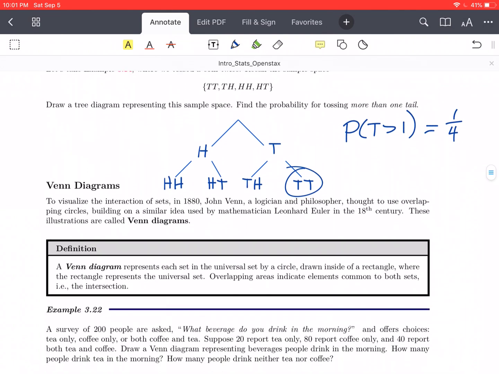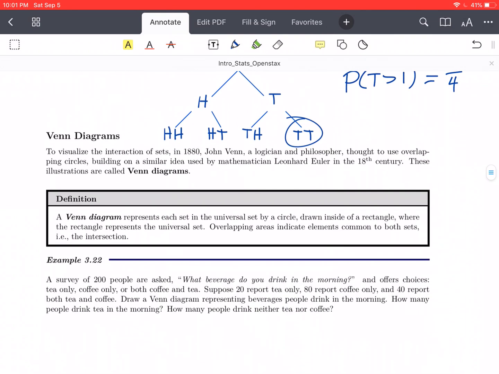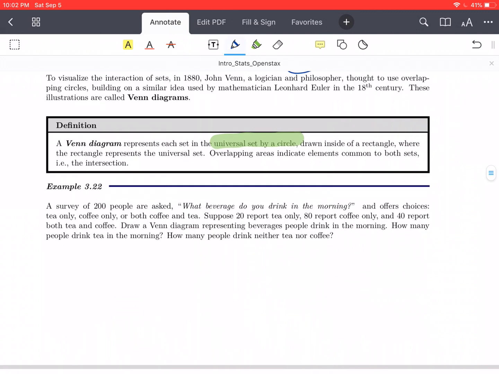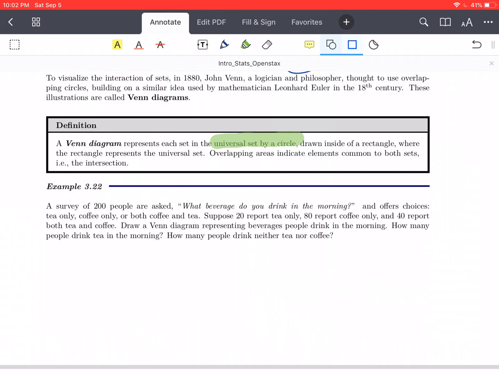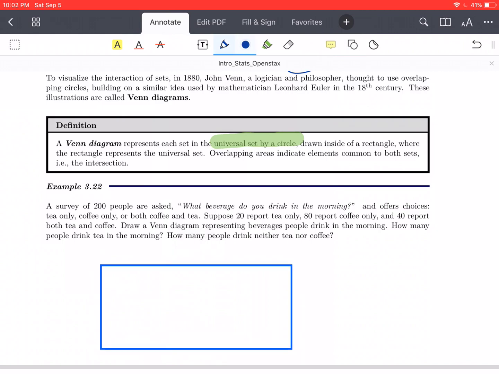And then we get Venn diagrams. So again, we have a few components here. The universal set is represented by a rectangle. Okay, so we have a universal set, and we're going to draw one in this example. So here's the universal set. This is everything. This is our sample space.